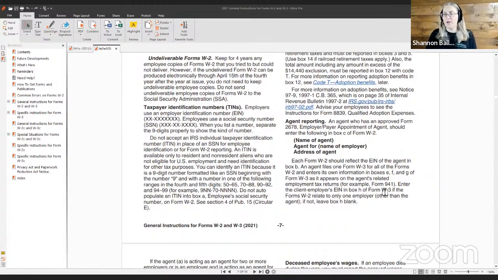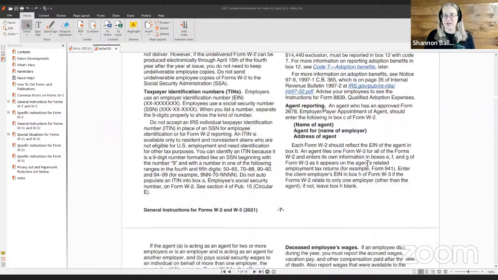Each Form W2 should reflect the EIN of the agent in box B. An agent files one Form W3 for all of the Forms W2 and enters its own information in boxes E, F, and G of Form W3 as it appears on the agent's related employment tax returns, for example, Form 941. Enter the client's employer identification number in box H of Form W3 if the Forms W2 relate only to one employer other than the agent. If not, leave box H blank.